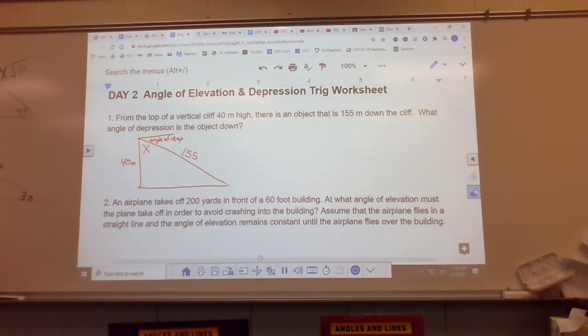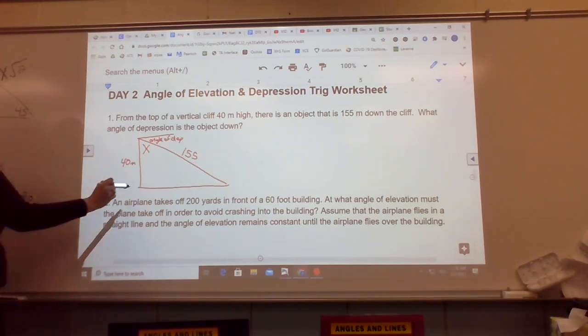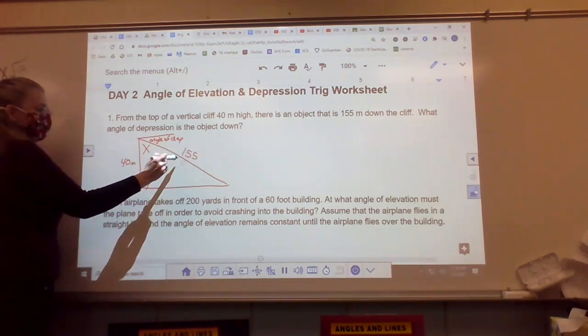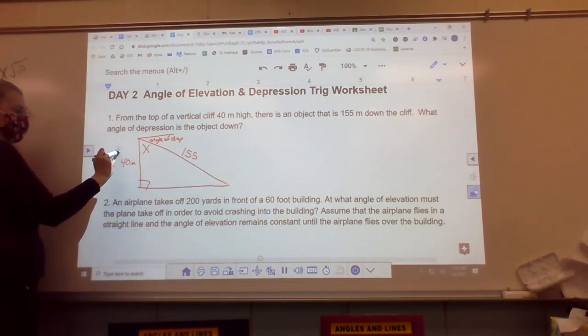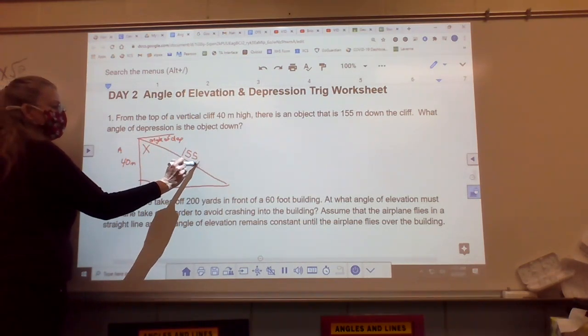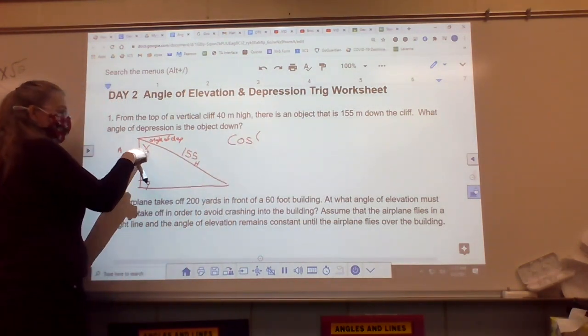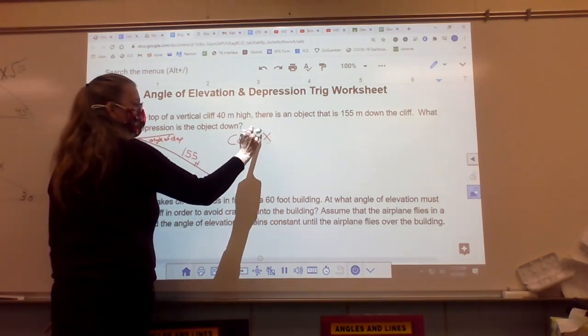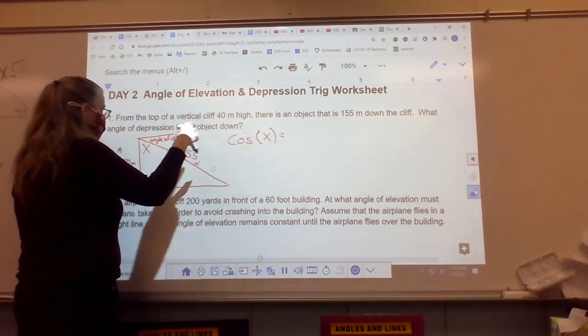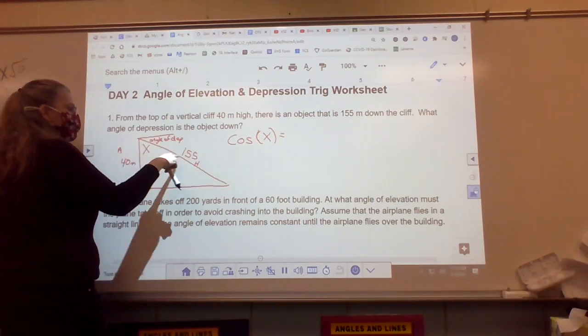So it takes the extra step. So here's my 90. So I have a hypotenuse, I have an adjacent, which means I need to use cosine. So cosine of this angle here equals adjacent over hypotenuse, 40 over 155.